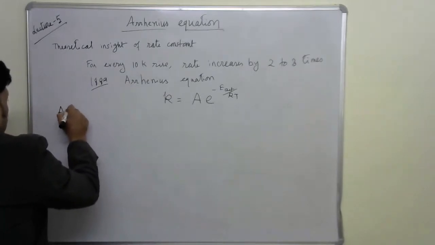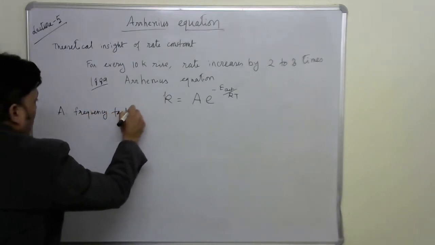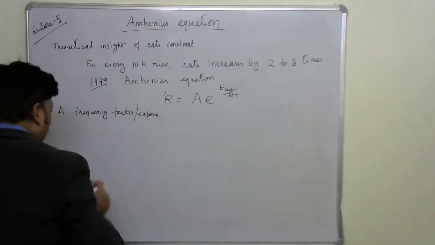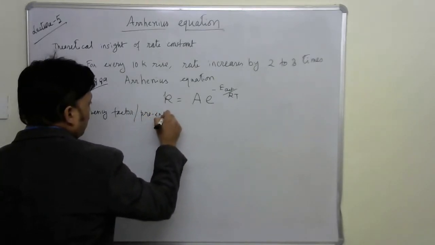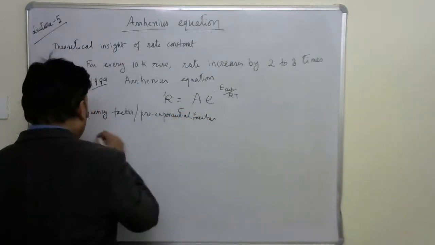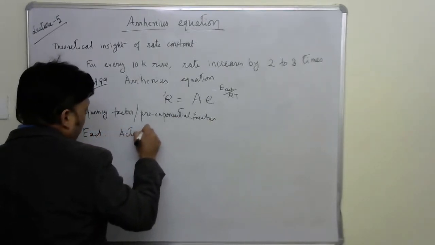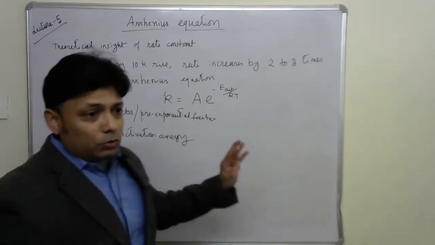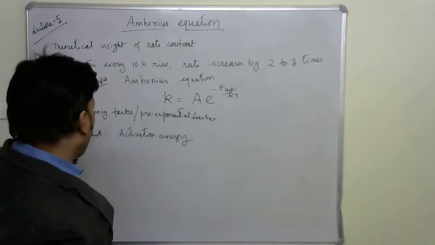The constant A stands for the frequency factor, or it is also known as the pre-exponential factor. E_act stands for the energy of activation, or simply activation energy, of the chemical reaction concerned, and R is the universal gas constant, and T is the temperature in absolute scale.